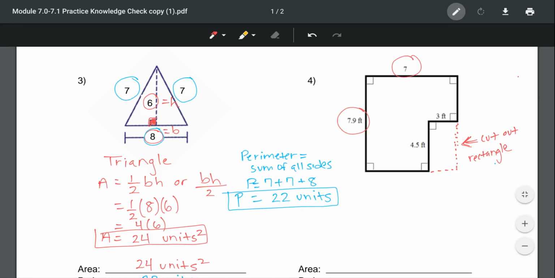Okay, so you want to take the area of the original rectangle and you want to subtract the area of the corner rectangle.